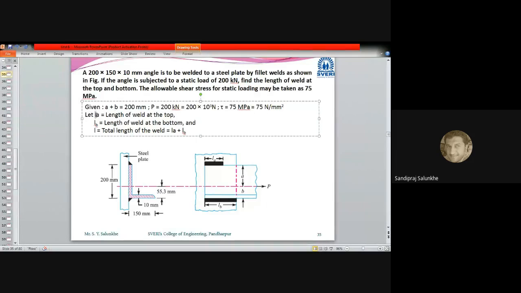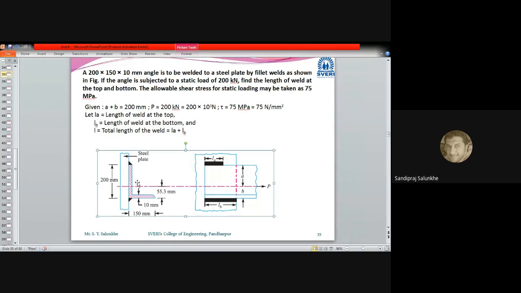Now we consider this LA as a length of weld at the top and LB as a length of weld at the bottom. And L we will call as LA plus LB. Okay. Now this is the schematic diagram of that stated problem. Now in this diagram we can see we have to calculate LA and LB, or if it is possible we'll calculate LA plus LB, and from that we'll calculate LA and LB by considering any one.